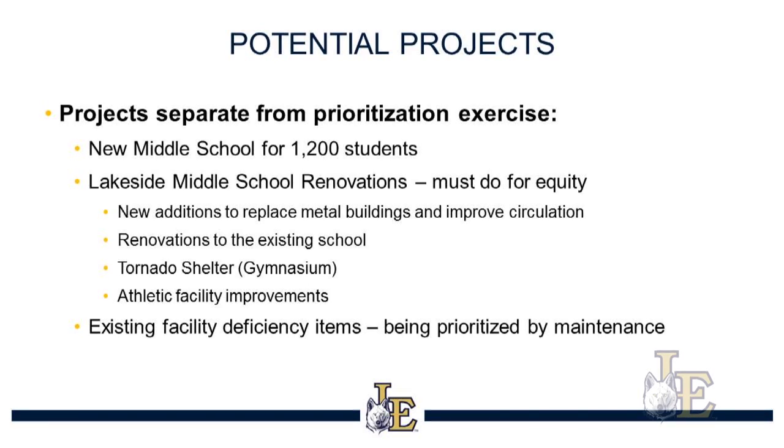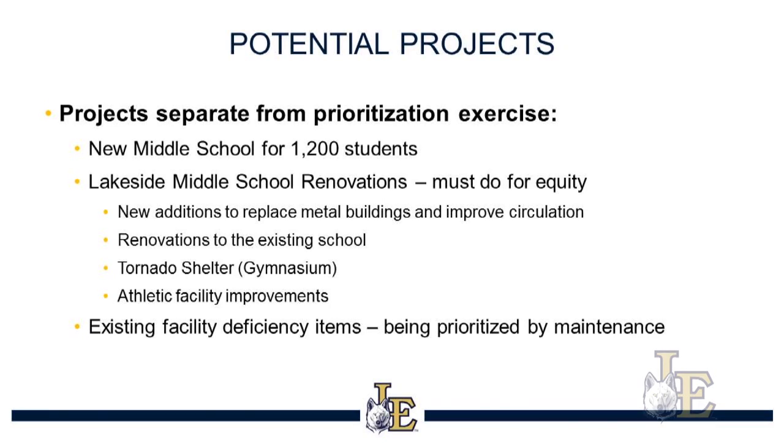So these are the types of things we are looking at for Lakeside: replace some metal buildings, improve the circulation in that building, renovate the existing school. When we start doing additions, there is a possibility that the city at that particular time will have enacted the new building code, the 2015 building code, that says any addition that will accommodate over 50 students has to have a shelter associated with it.